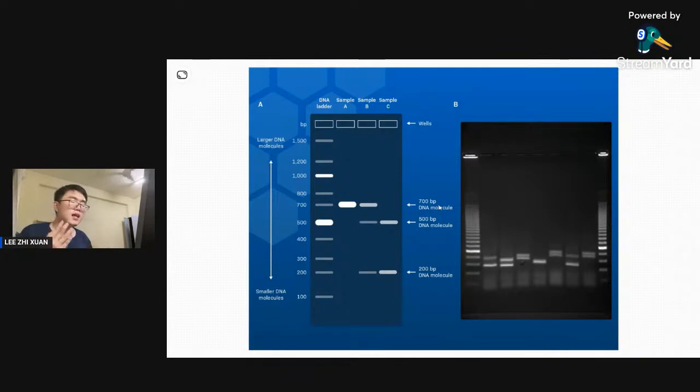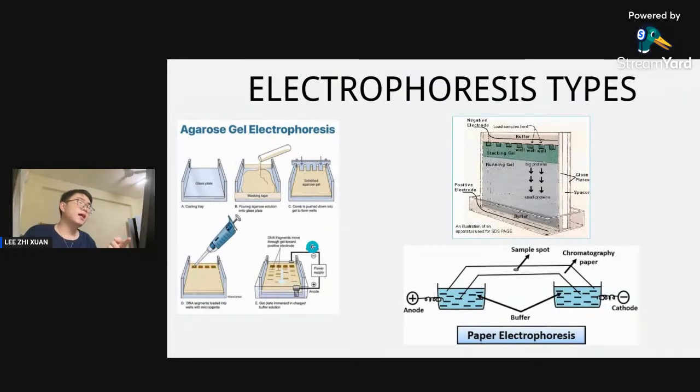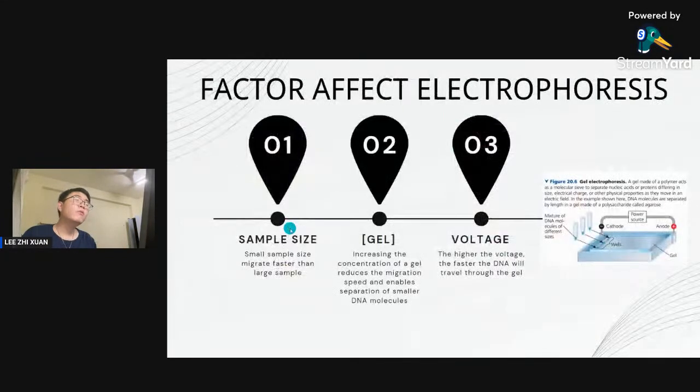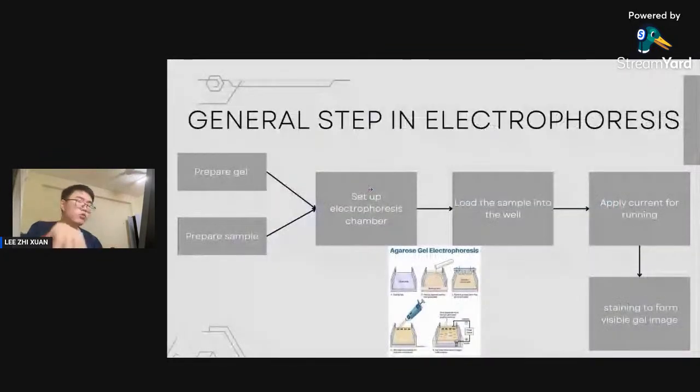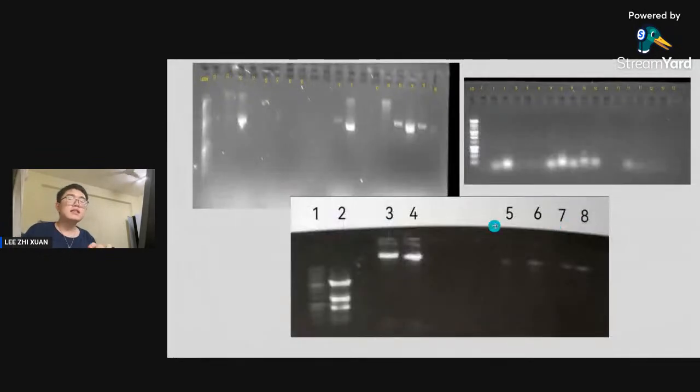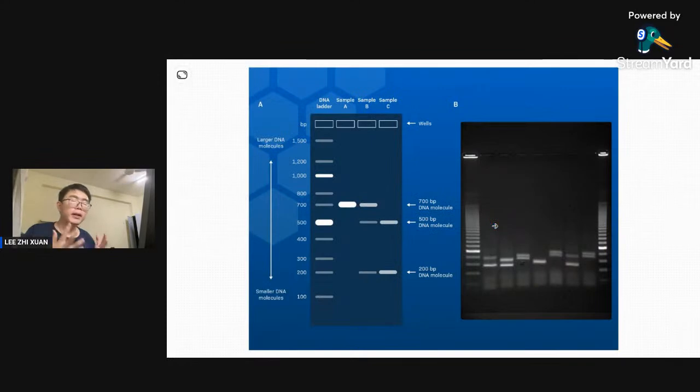For DNA separation, the most popular one is agarose gel electrophoresis. So this principle you can include in your examination answer, and how to prepare it. After you apply the current, the separation starts.